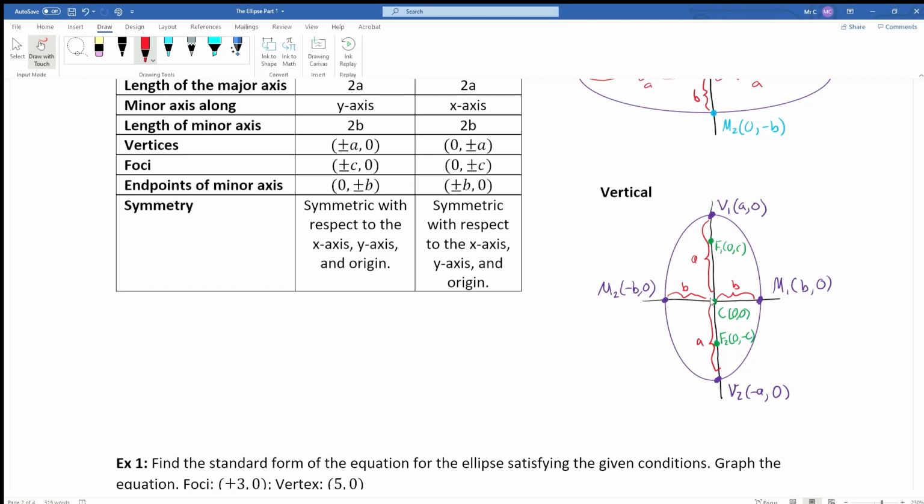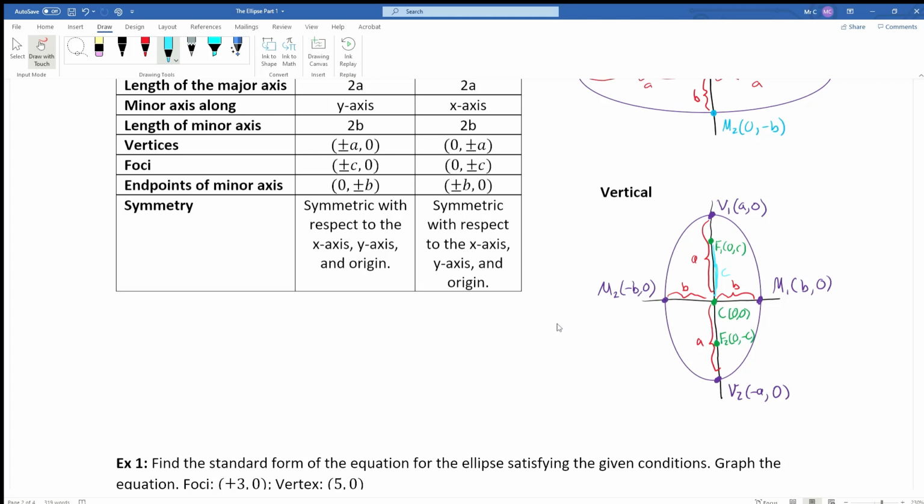And then when we go from the center out to the minor axis endpoints, we're going to add b, that's (b, 0), and we're going to subtract b, that's (negative b, 0). And similarly for the foci, on the major axis, we'll go from our center and we'll add c. So this distance here is c. And then we'll subtract c down to our second focus.